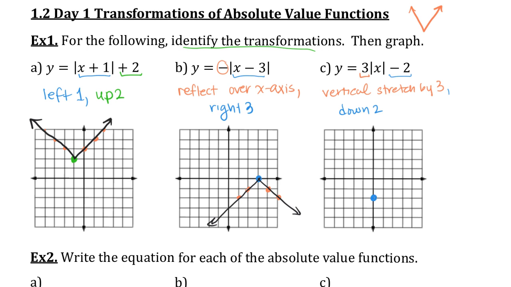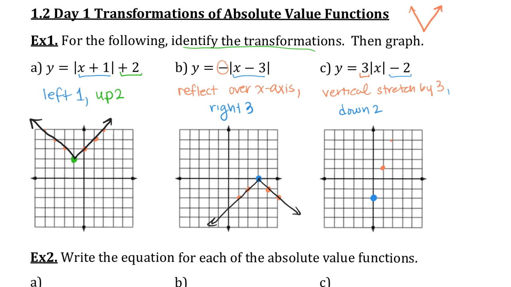Okay, now what does the vertical stretch of 3 do to this little absolute value? It's going to stretch it in the y direction by 3. Normally, I go up 1, right 1, and I get my points on my V. Since it's getting vertically stretched by 3, when I go up, instead of going up 1, I'm going to go 3 times as high. So I'm going to go up 3, right 1.